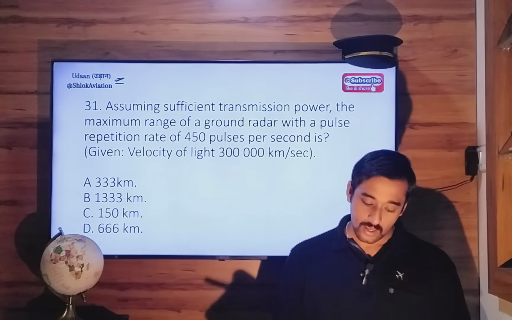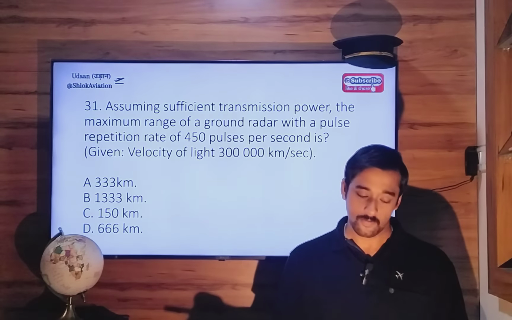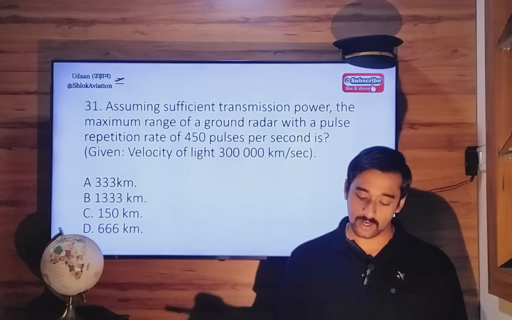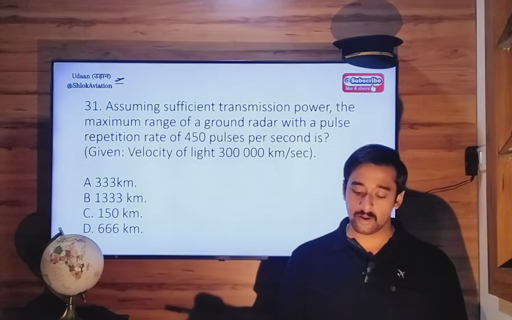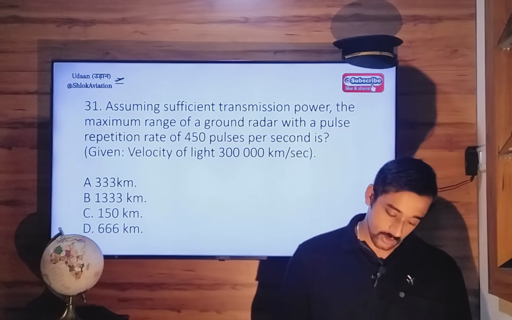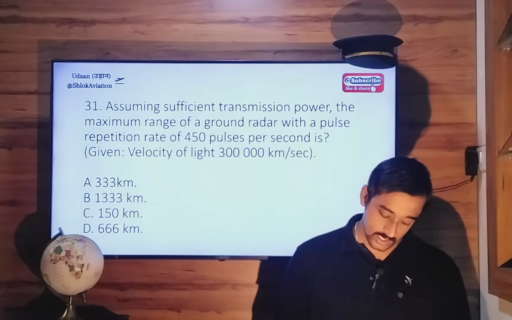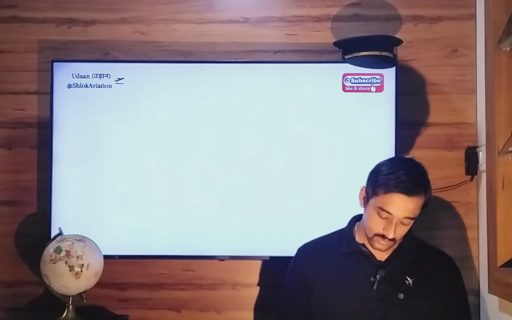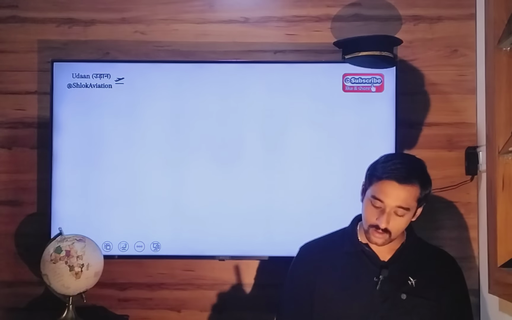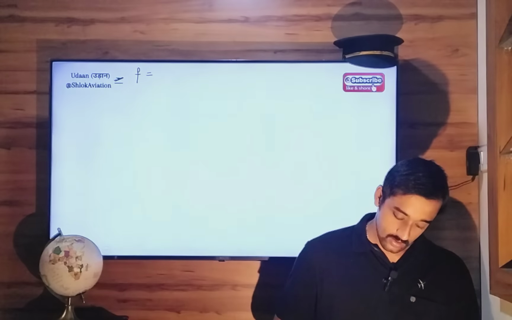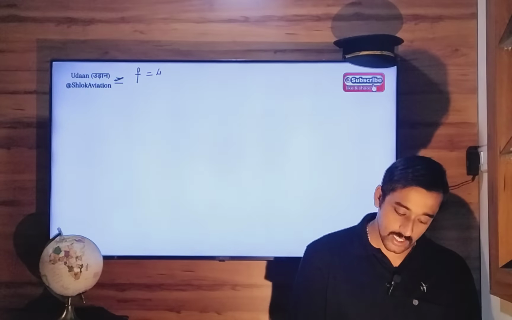Question 31. Assuming sufficient transmission power, the maximum range of a ground radar with a pulse repetition rate of 450 pulses per second is so and so. What is the maximum range? So PRF frequency is 450 pulses per second.